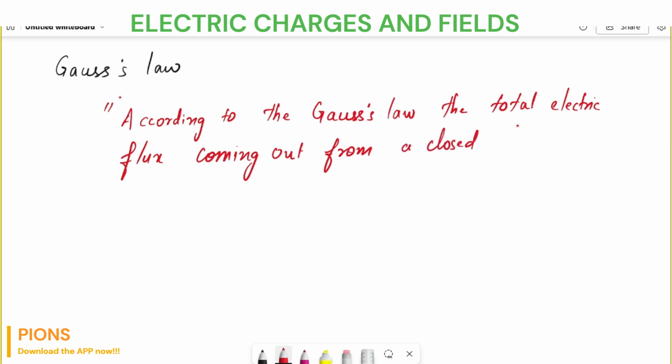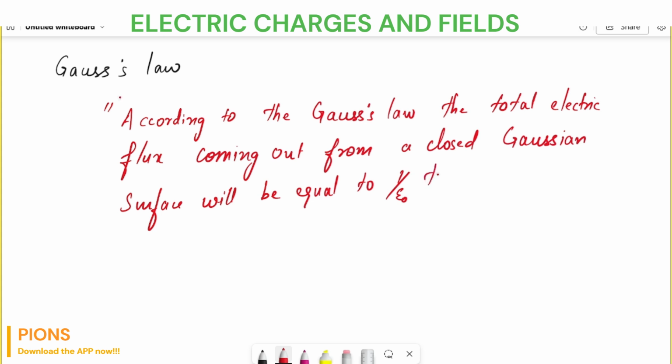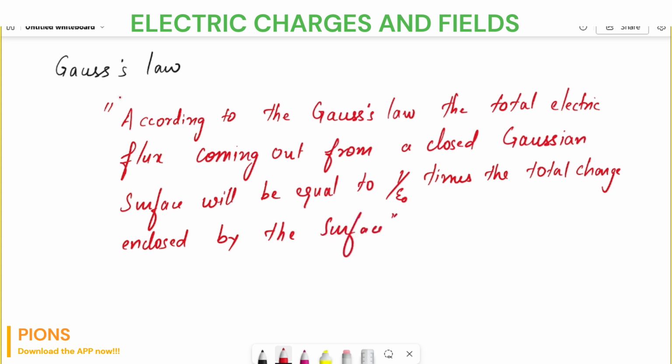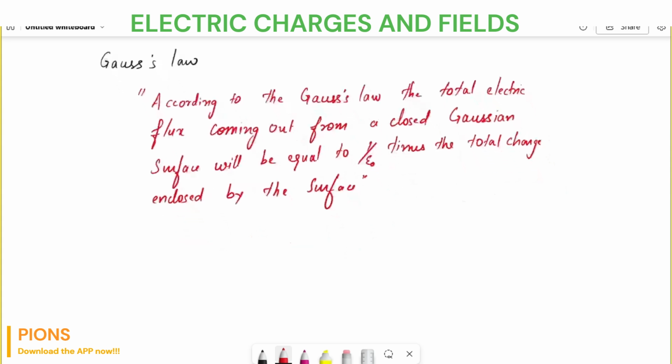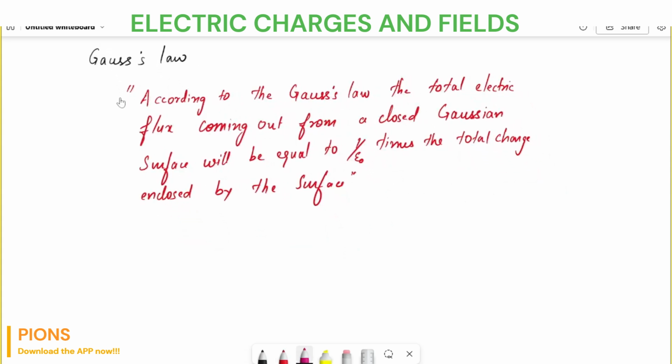From a closed Gaussian surface will be equal to 1 over epsilon naught times the total charge enclosed by the surface. Very, very important for our numerical problem, as well as the two or three derivations which are related to Gauss law. Now let's focus on the statement, what this statement says.